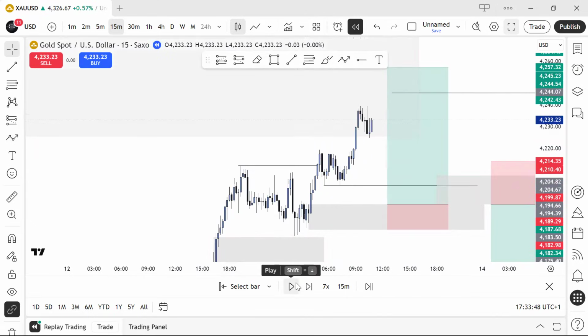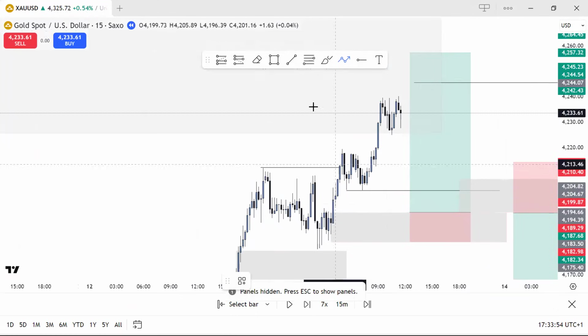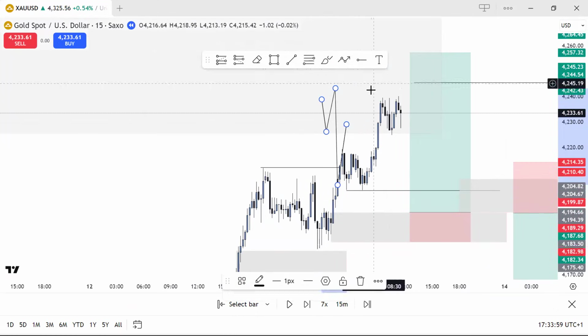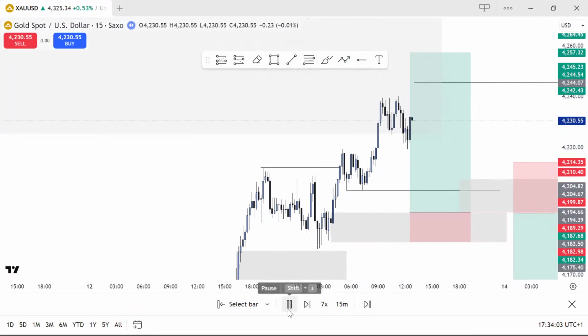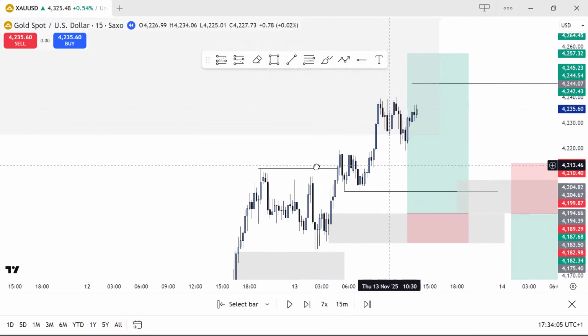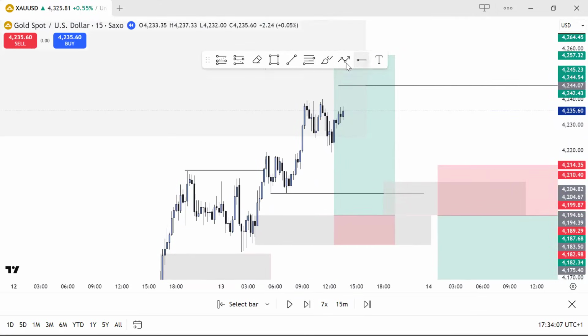So price enters into the zone, right? What did I say you should look for? You can look for this and sell. So, that being said, let's see what happens. Price broke to the downside, but not with a large momentum though.